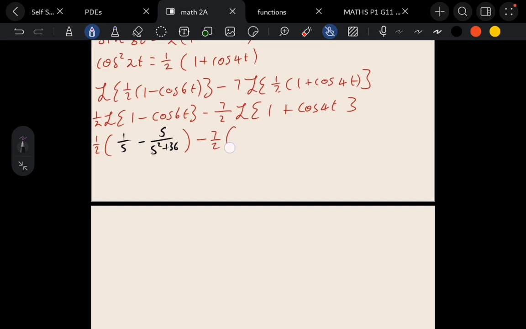Minus 7 over 2 in bracket. What is the Laplace transform of 1 again? That is going to be 1 over s plus, what is the Laplace transform of cos 4t? That is going to be s over s squared plus 16.